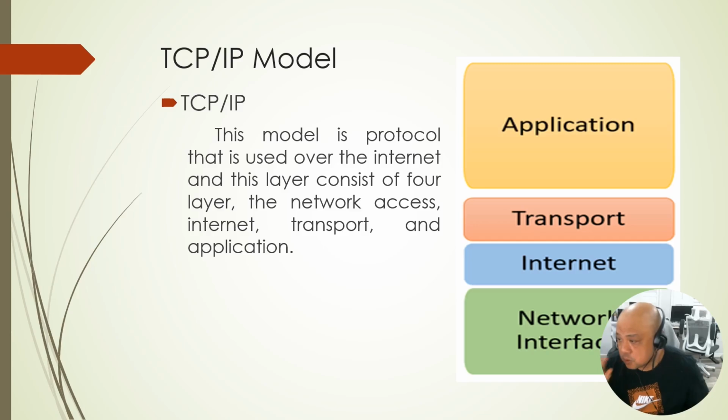TCP/IP, or Transmission Control Protocol/Internet Protocol, is a set of protocols that governs how data is transmitted over the internet and other networks. It ensures reliable end-to-end communication by breaking data into packets and addressing and routing the packets.